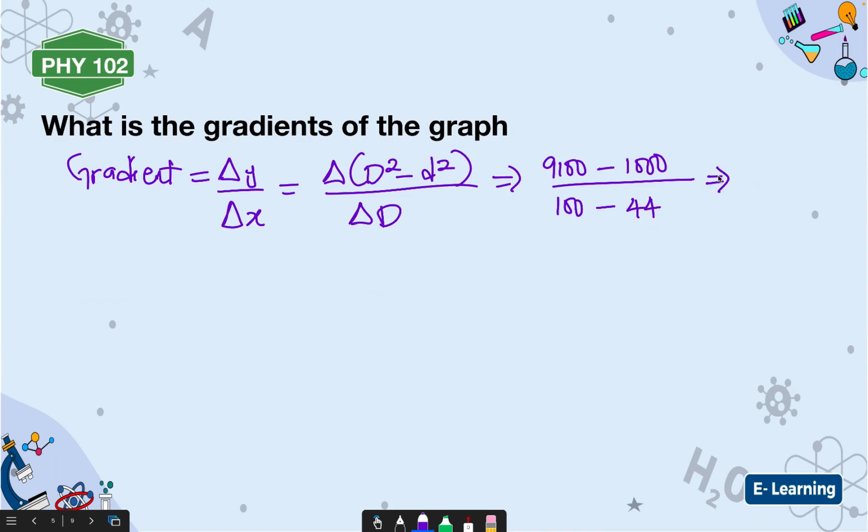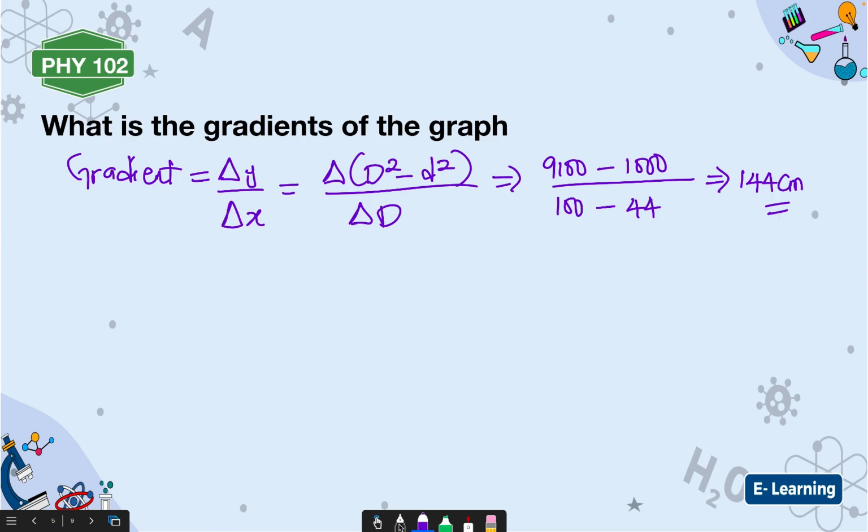Now do this calculation and tell me the answer you are going to get. If you do this calculation, you are going to get the following answer. So here is 9,100 minus 1,000 divided by 100 minus 44, which gave us 144 centimeter.